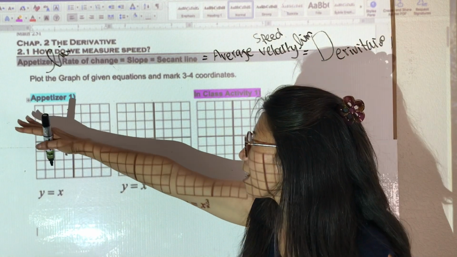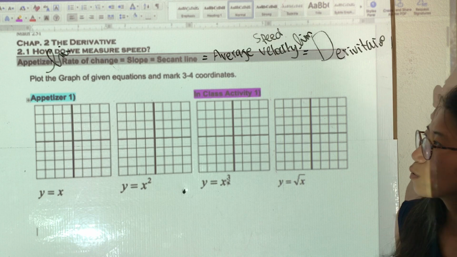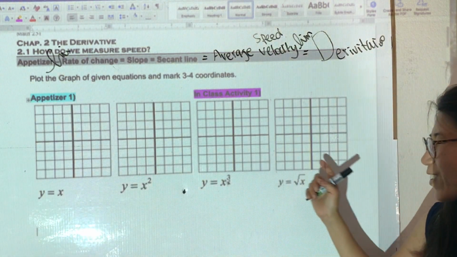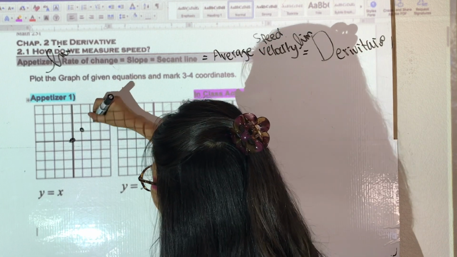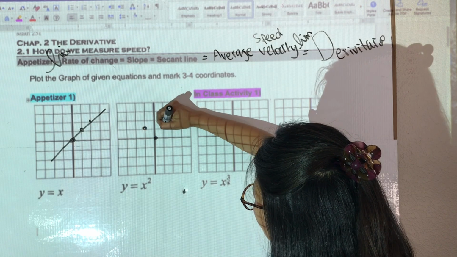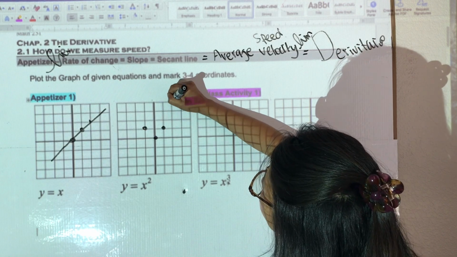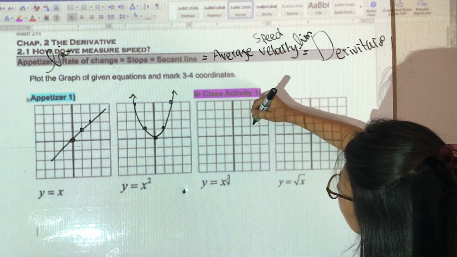So let's try our appetizer one. Let's draw the graph. I want you to pause the video and then graph it quickly with me. So I will do mine. So pause it and try yours too. I want you to do graphs as fast as you can.